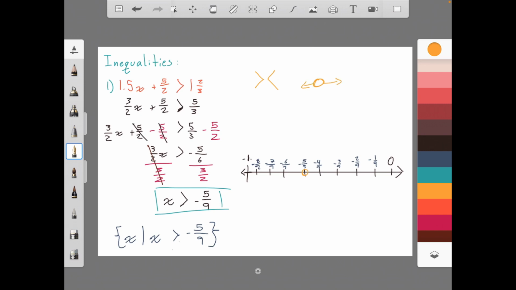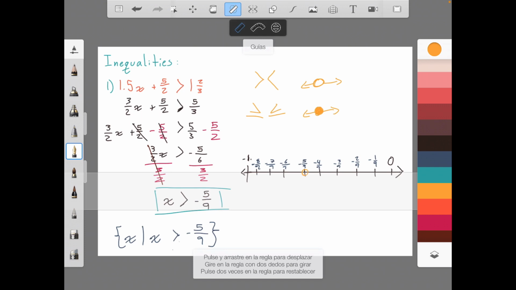But when we have greater or equal or less or equal, we use a marked circle. But since in this case it's only greater than, we use this not colored circle.